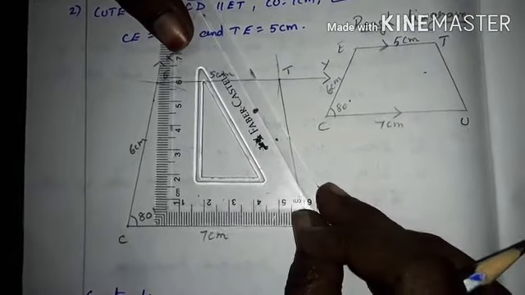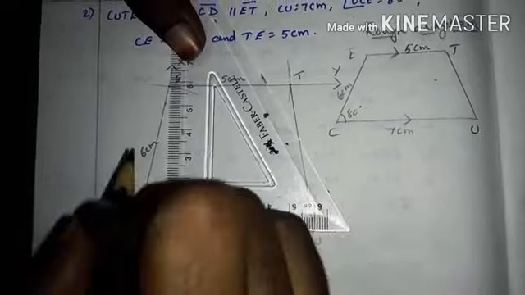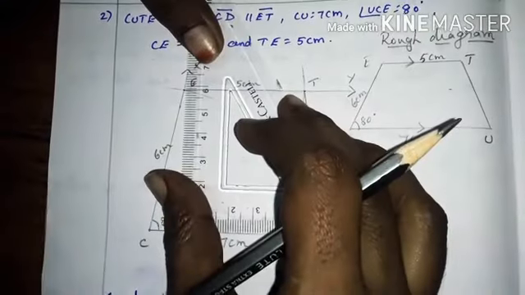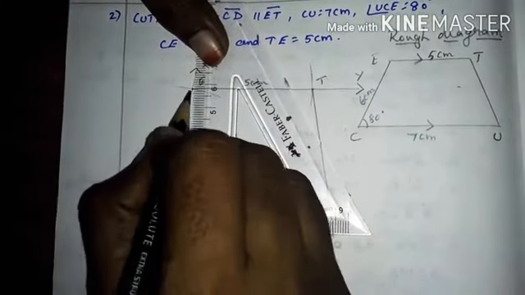From E, we draw the perpendicular line, and the height of this trapezium is 5.8 centimeter.